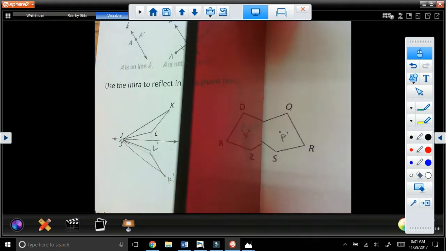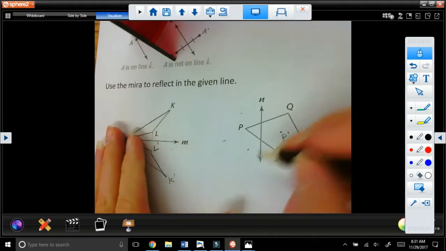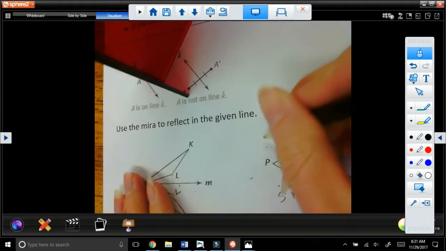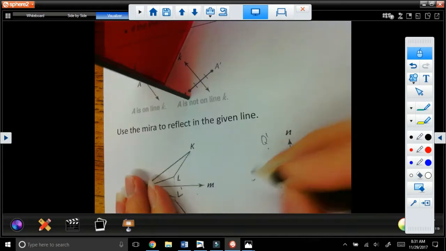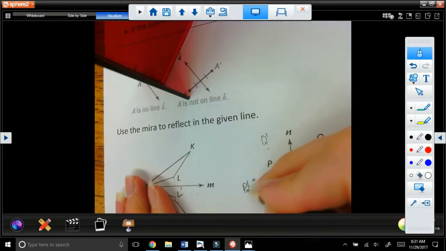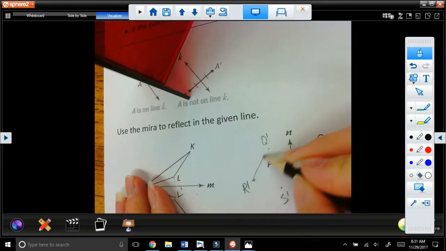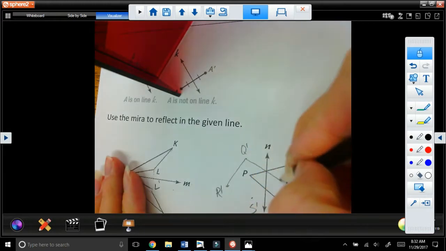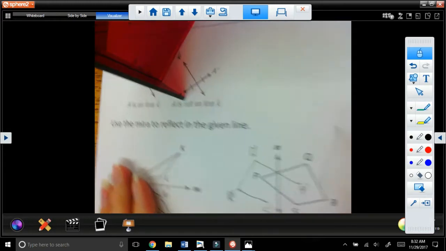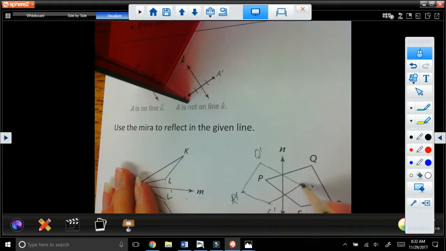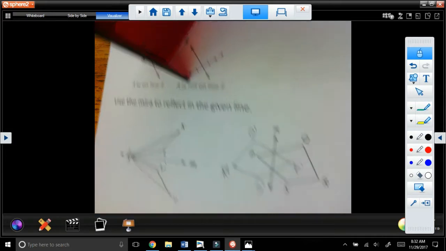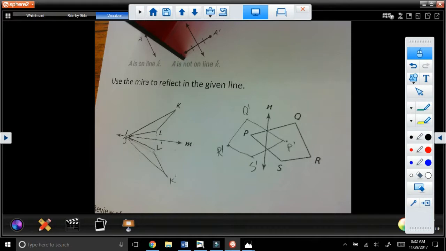So sometimes when the line goes right through those, they'll kind of be on either side. One thing that might help with the MIRA is if you just put where the points are and then connect the dots at the end. We can get kind of a rough estimation of how those reflections are going to look.